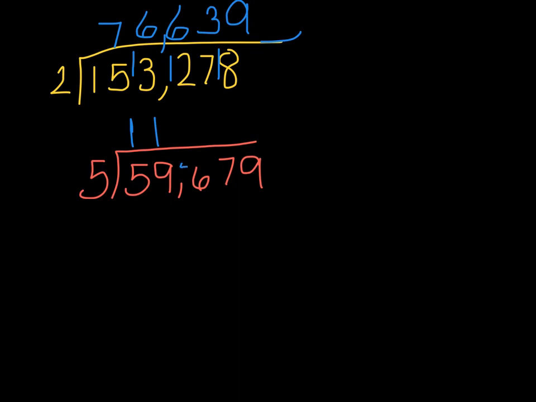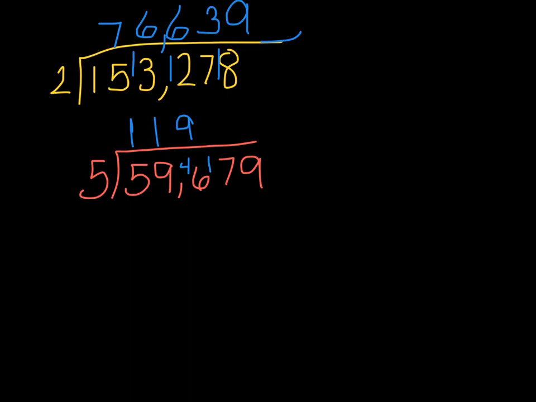So I carry that 4 right here. Now 5 goes into 46 9 times. 9 times 5 equals 45. So 46 minus 45 equals 1.